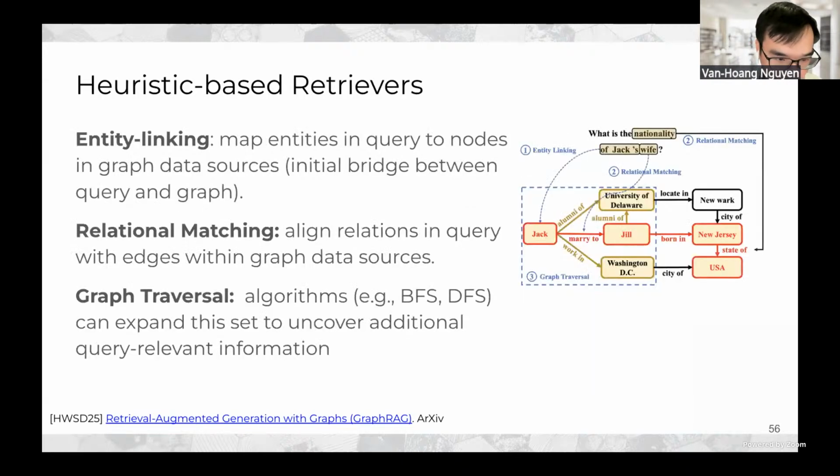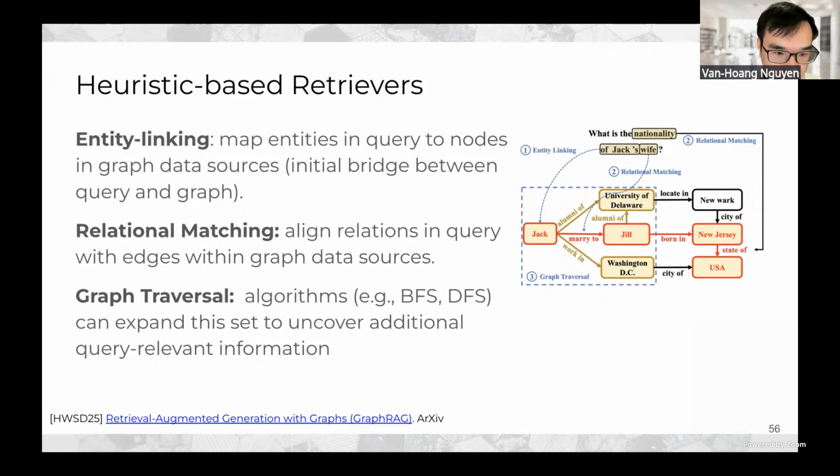So the first paper that I want to discuss is Retrieval-Augmented Generation with Graphs, a literature review. In this paper, they give an overview of three methods: entity linking, relational matching, and graph traversal. In entity linking, we basically map the entities in the queries to nodes in the graph data sources, and this forms the initial bridge between the query and the graph.